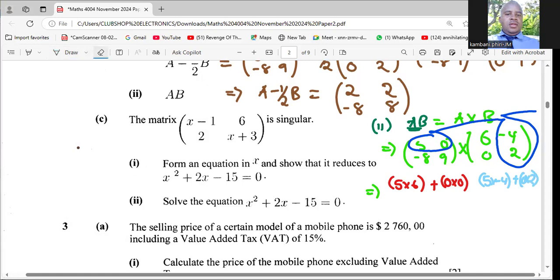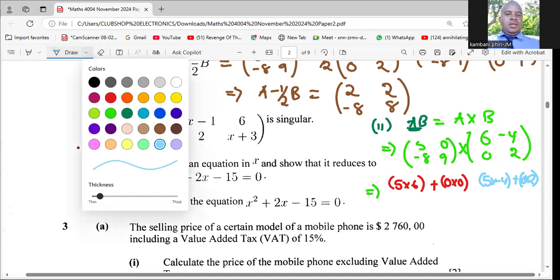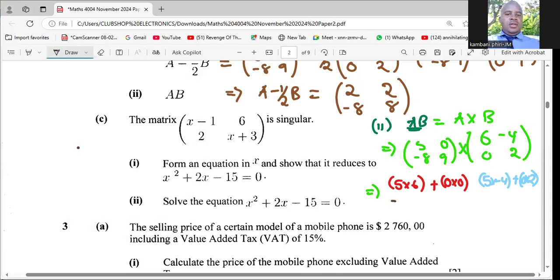And we are done with the first row. Then we come down. So it is now negative 8 by 6 plus 9 by 0. Then we also have negative 8 by negative 4 plus 9 by 2.